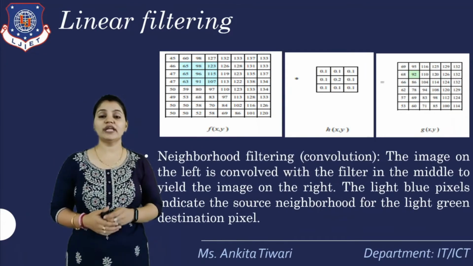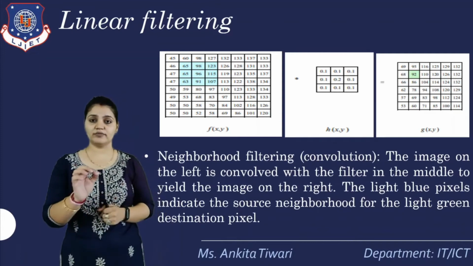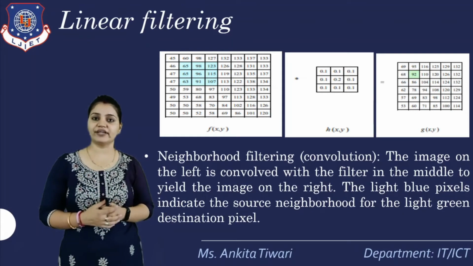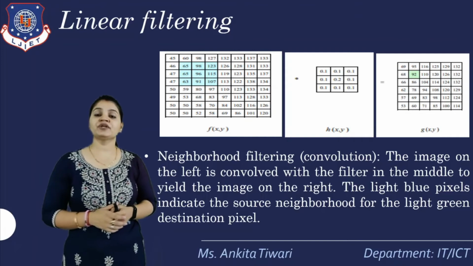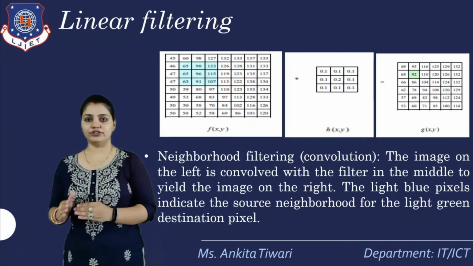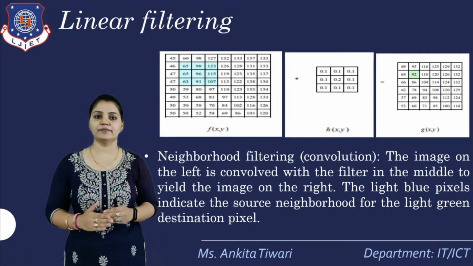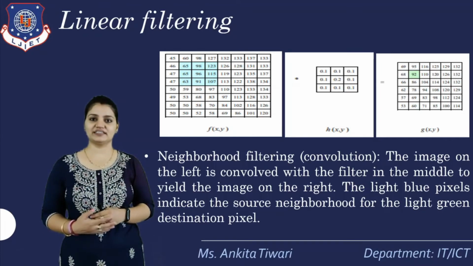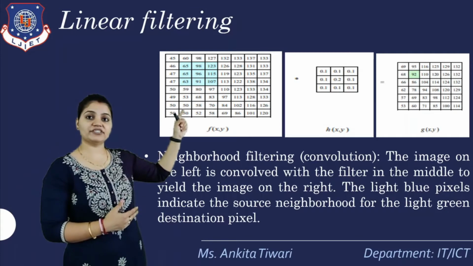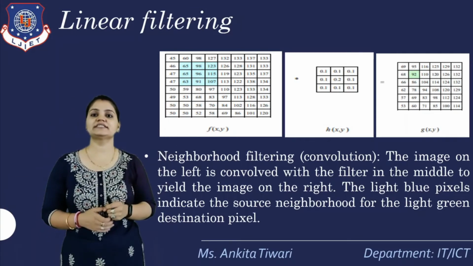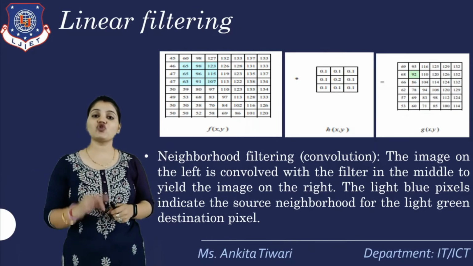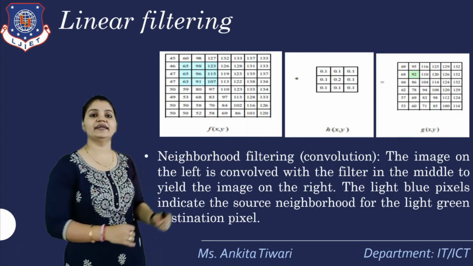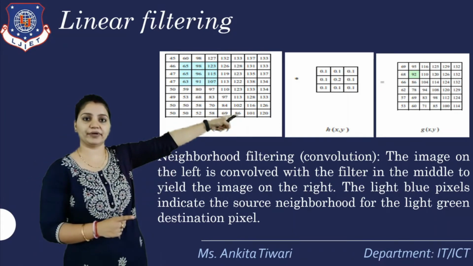Now neighborhood filtering is an important question as well. What is neighborhood filtering? We can say convolution. The image on the left is convolved with the filter in the middle to yield the image on the right. The light blue pixels in the first image indicate the source neighborhood for the light green destination pixel, as you can see in the third image.